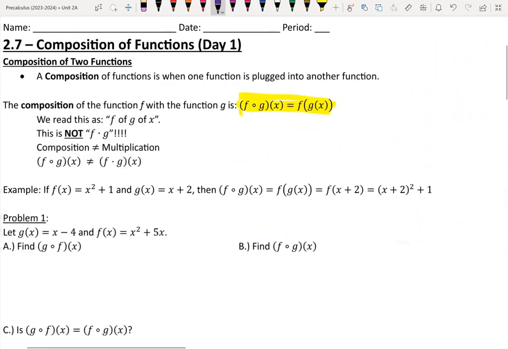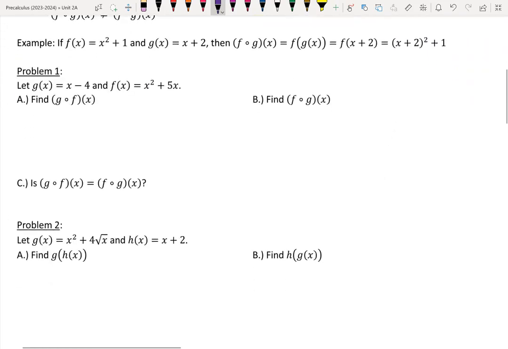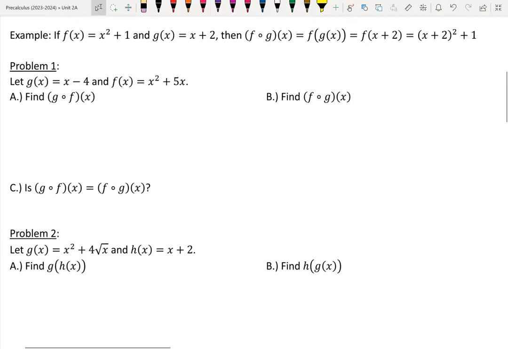So we have another example here. I have f of x equals x squared plus 1, and g of x equals x plus 2. As we see, then f of g of x. And for me, whenever I see it with the little open circle, I'm always going to rewrite it because that just looks easier to me. It makes more sense.